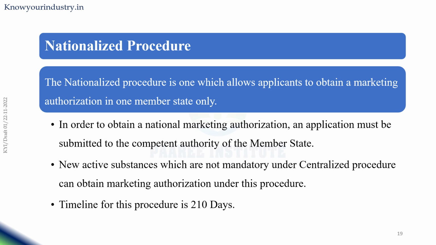New active substances which are not mandatory under the centralized procedure can obtain marketing authorization under this procedure. The timeline for this procedure is again 210 days, same as that of the centralized procedure, and for the mutual recognition procedure, it was 390 days.